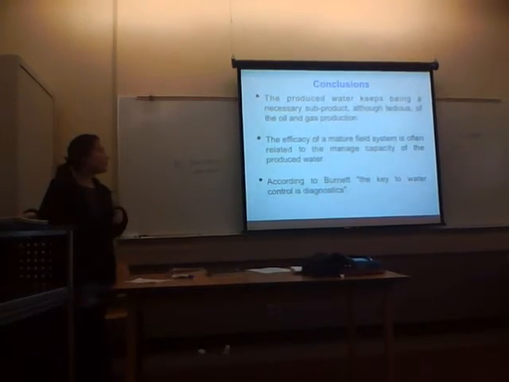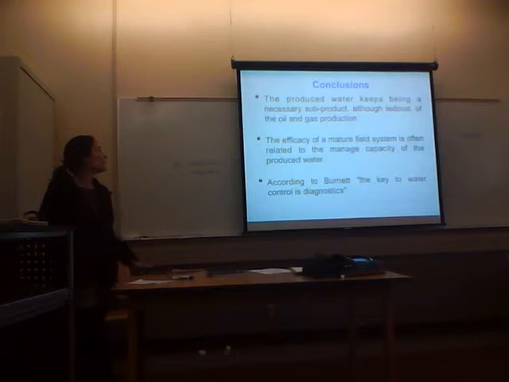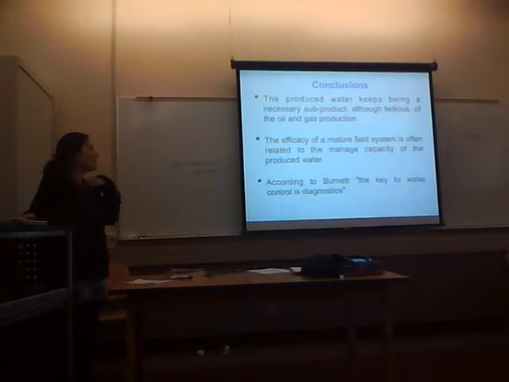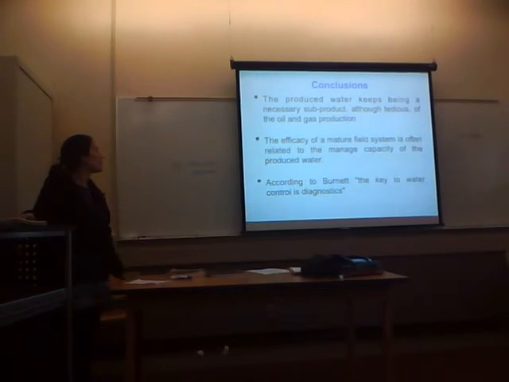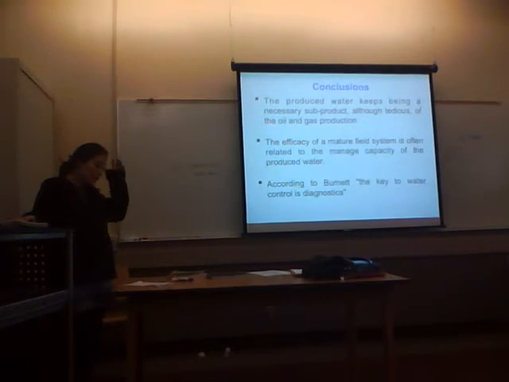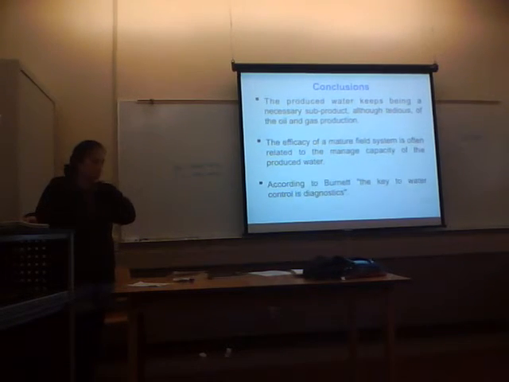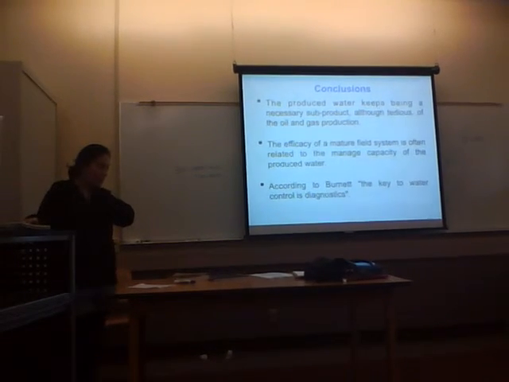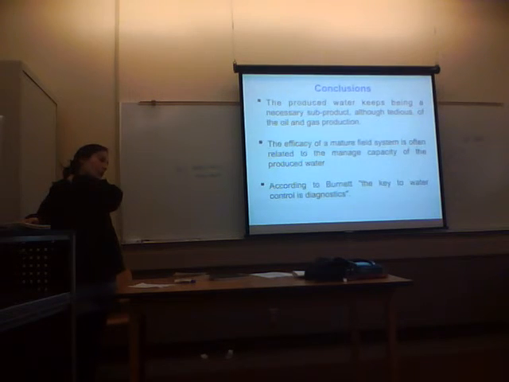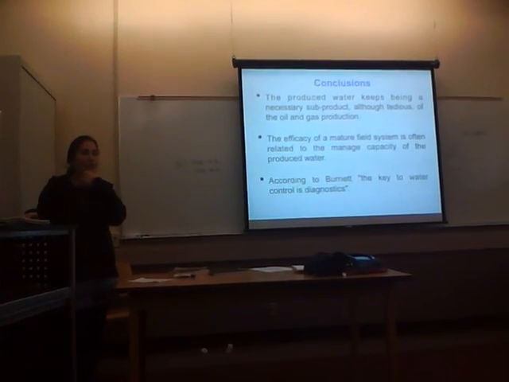So the idea is to avoid the excess of water. And according to Burnett, who is another researcher, the key to water control is diagnostics. This includes identifying the problem clearly and on time and keeping good surveillance of the fluid movements in the reservoirs, as I said before. So, thank you. If there are any questions.